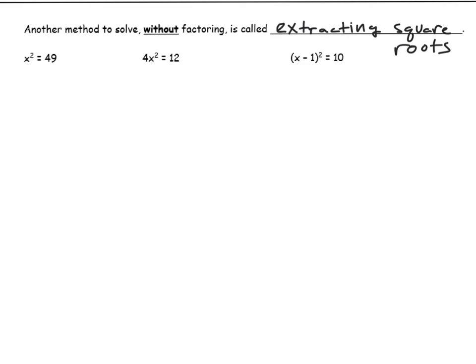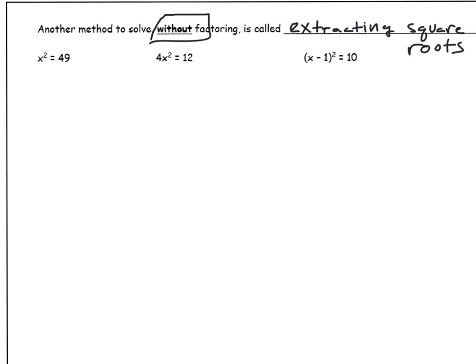Notice the key there, without factoring. No factoring needed on any of these, all right? So if you get something like this first one, to undo the square root, right? Because technically it is a quadratic.